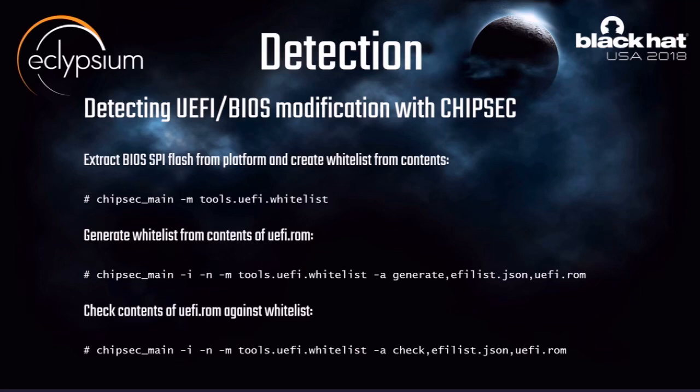Then later, maybe once you've traveled to Vegas with a bunch of other hackers, and you think something happened, you can go back and check your system against this whitelist that you generated previously. So it's a really useful bit of functionality.